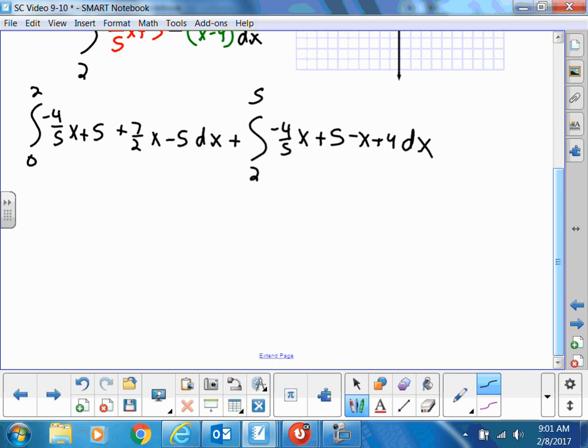Well, negative 4/5 is like saying negative 8/10. 7/2 is like saying 35/10. So put those together, and we're going to have 27/10 x. And then the 5 and minus 5 wipe each other out, so we'll just have dx.